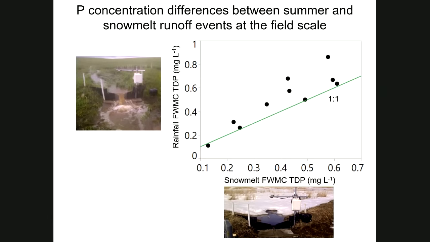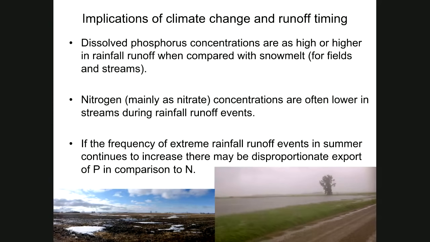Points above the one line indicate higher concentrations being observed with rainfall runoff. There are some other potential changes with source with snowmelt, but I won't go into those as much yet, other than just to say that the potential is there for high concentrations during both seasons.